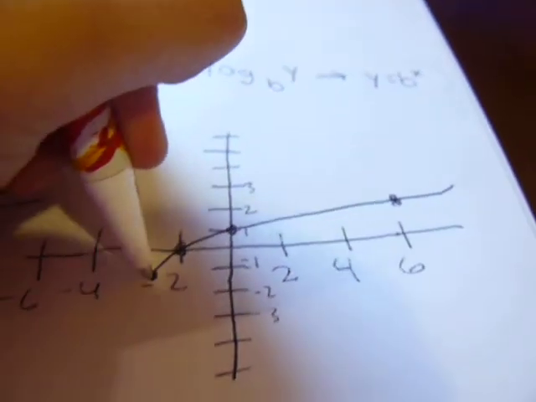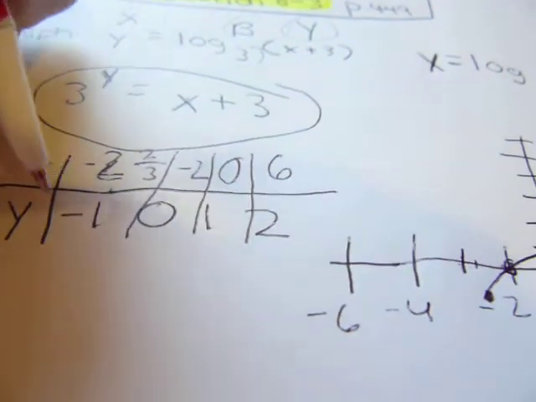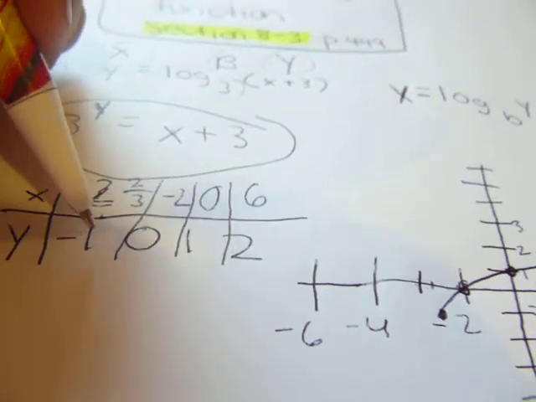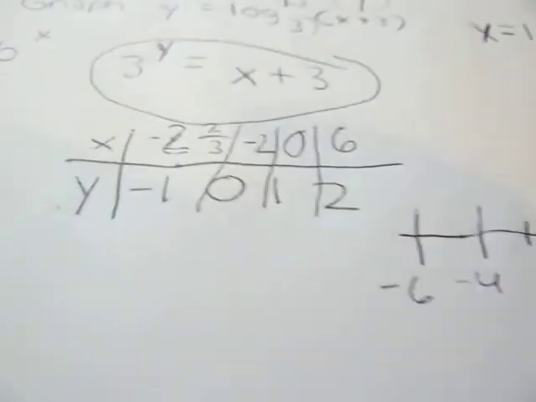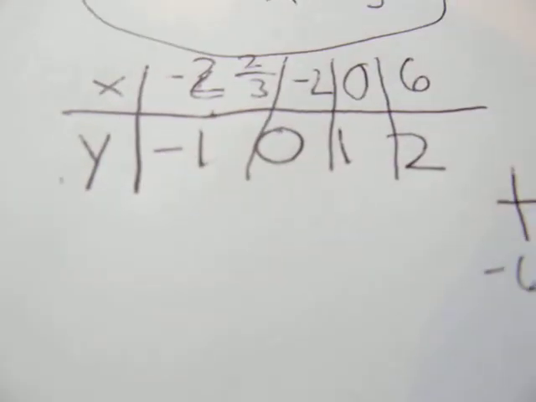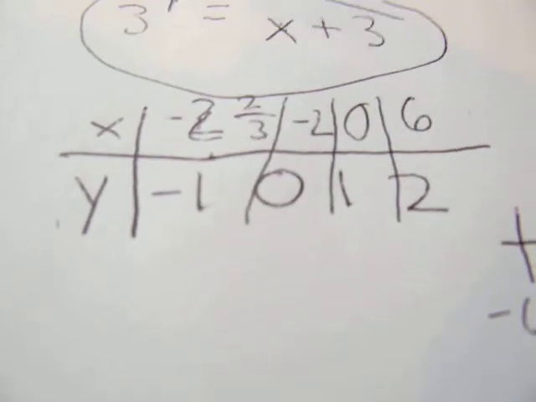If we were to continue this graph by plugging in y values such as -2, -3, and keep going down, the x values would continue to approach -3, but it would never touch -3.